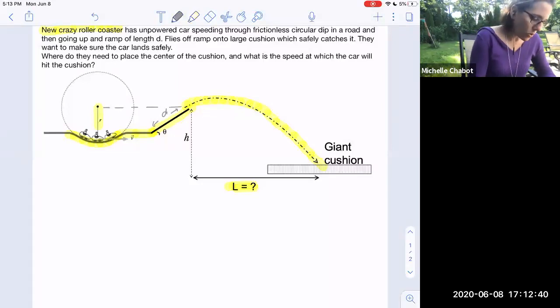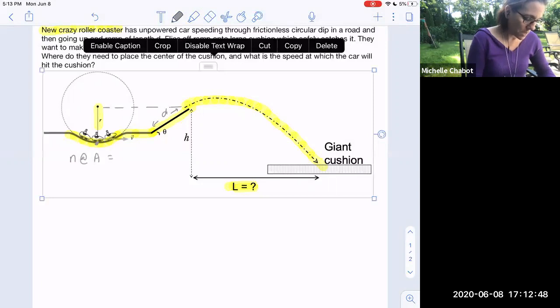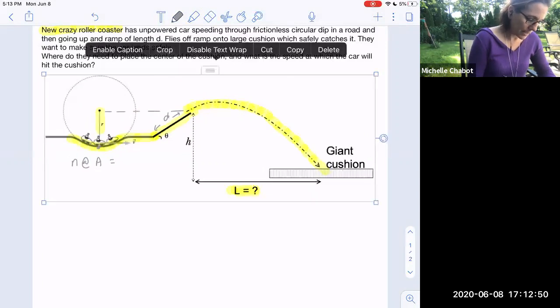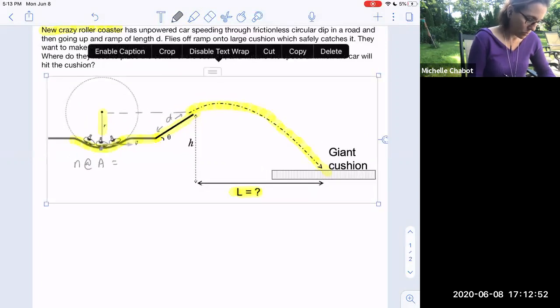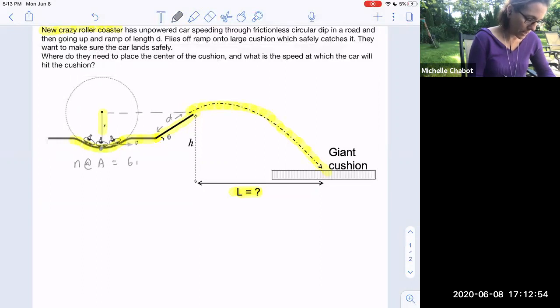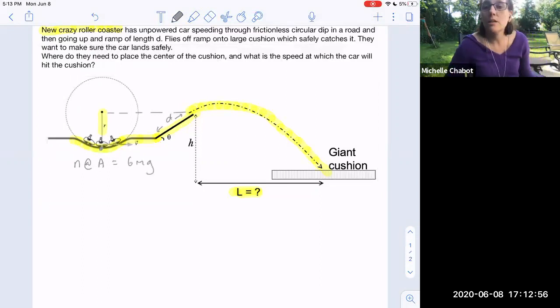So we are told here, one of the pieces of information is that the normal force at point A is equal to 6 mg, where m is the mass and g is the magnitude of the acceleration due to gravity.